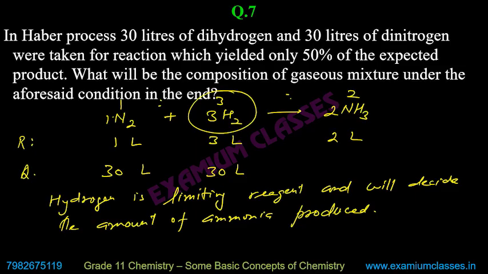So according to the reaction, 3 liters of hydrogen produce 2 liters of ammonia, so 30 liters will produce 20 liters. 20 liters of ammonia. Direct unitary method. Hydrogen decides: 3 liters produce 2 liters, but I have 30 liters, so 30 liters should produce 20 liters.